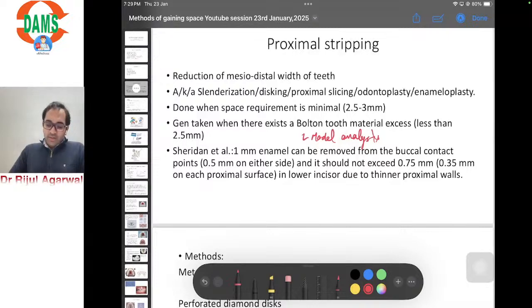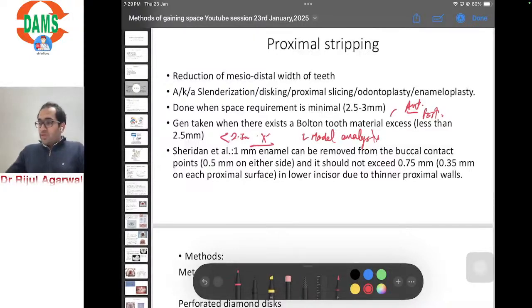When there exists a Bolton tooth material excess, as we all know there are two ratios, one for anterior and the next one for posterior teeth, when the ratio is in excess we go for proximal stripping, and the space requirement should generally be less than 2.5 mm. If it's more than 2.5 mm, then we go for extraction of teeth.